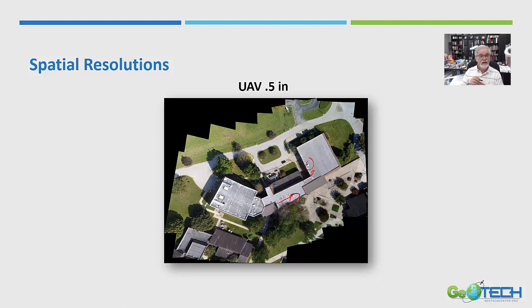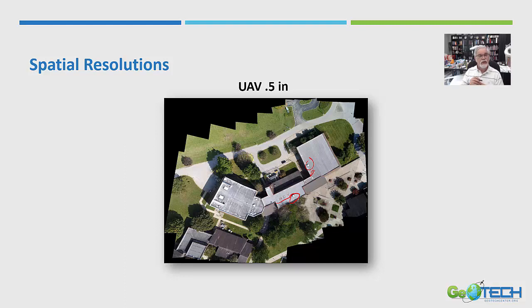So we went from a half inch as the finest resolution we have to starting with 30 meters. So just in one 30 meter pixel, that's about 90 feet, we've got 90 times 12 times 2.